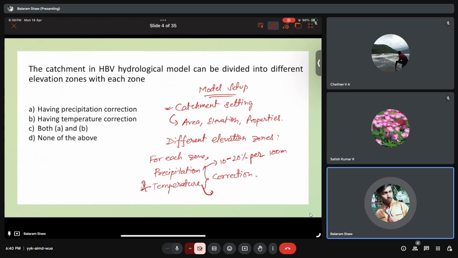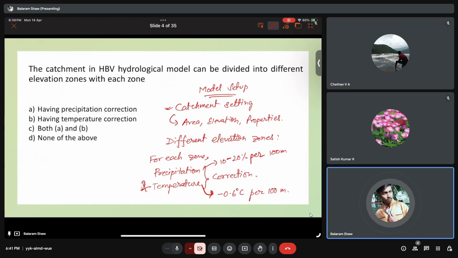And for temperature, for each zone, temperature will be corrected according to its change with elevation again above sea level. Usually minus 0.6 degrees Celsius will be considered per 100 meter.